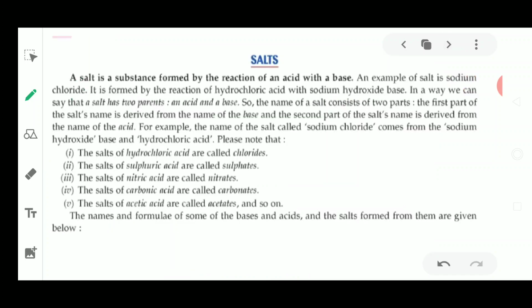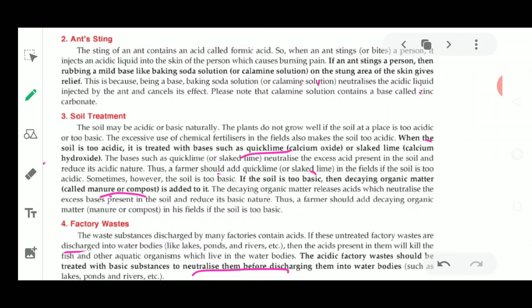So these were all about the neutralization reaction which is taking place in your everyday life. You are going through such kinds of reactions, you are seeing them, but still you do not know the reason why you eat an antacid when you feel acidity in your stomach, or why you rub the calamine solution when an ant is going to sting.